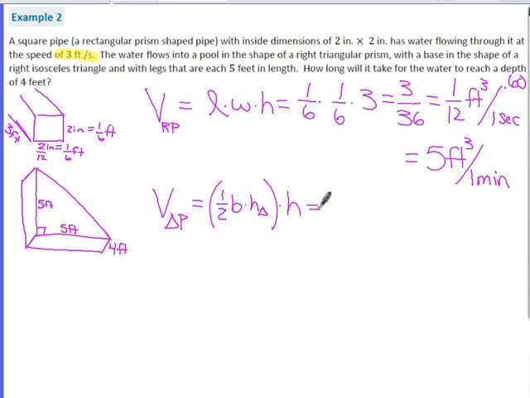So filling in these elements, we have 1/2 times 5 times 5, and it's a depth of 4. I'm going to multiply the 4 times 1/2, which gives us 2, and 5 times 5 is going to give us 25. And so we need to fill 50 cubic feet.